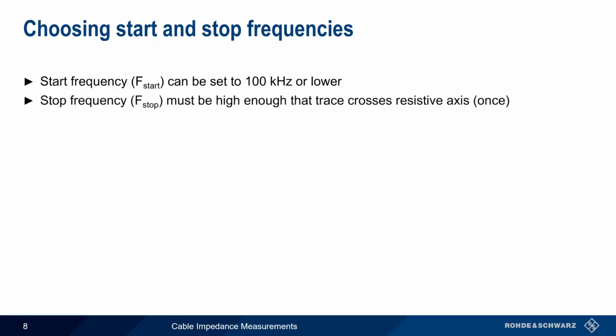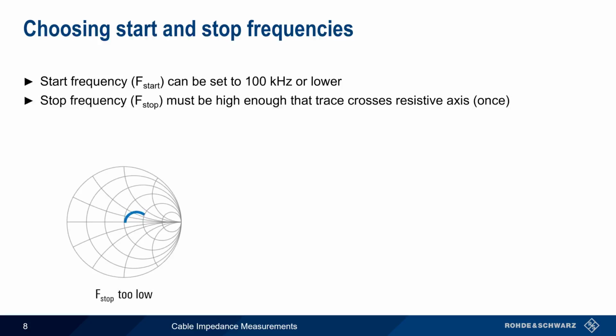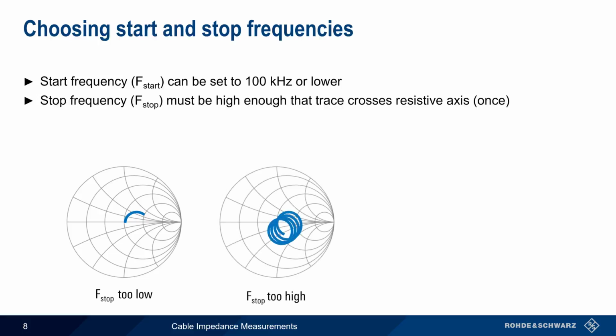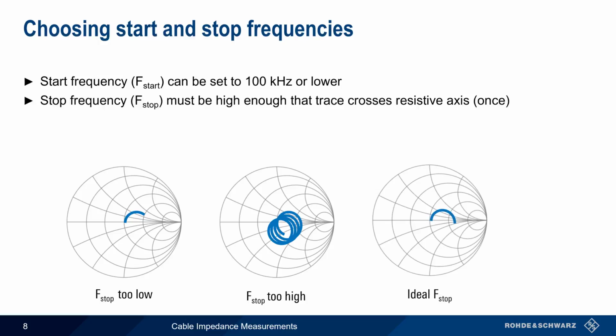But the stop frequency must be set high enough that the trace crosses the resistive axis one time. For example, this trace has too low of a stop frequency and does not reach the resistive axis. This trace has too high of a stop frequency, leading to multiple crossings. But this trace has an ideal stop frequency where the trace crosses the resistive axis one time.